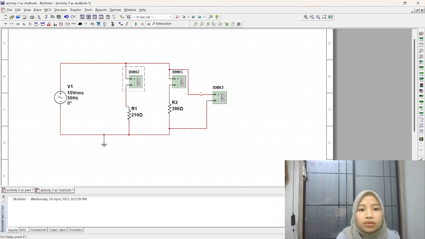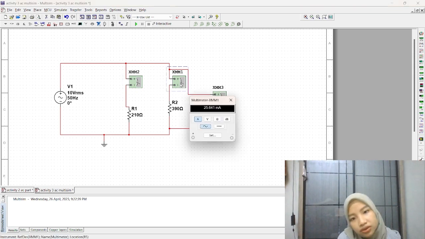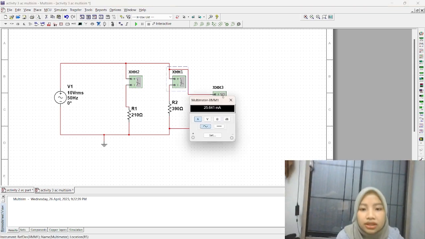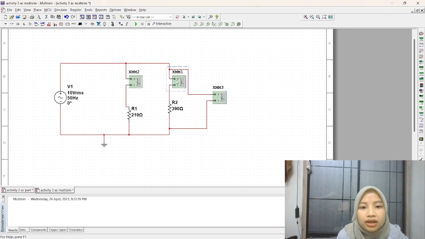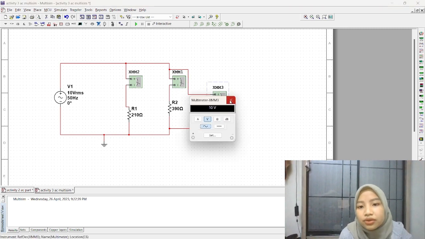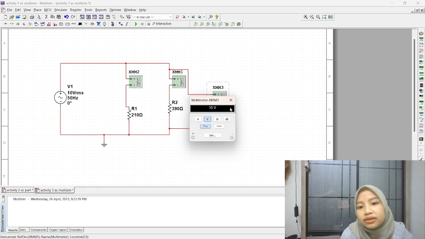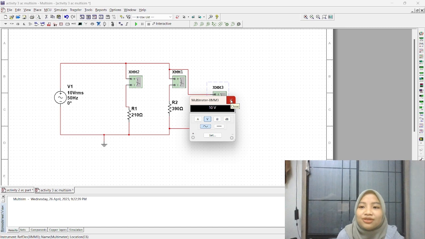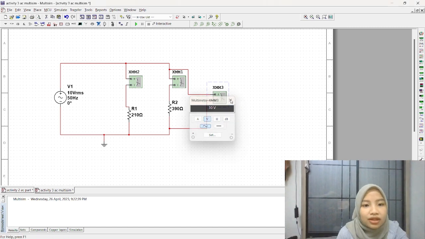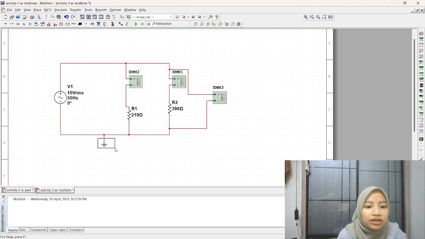For the next, we also use the same ammeter, and for the voltage value we use the voltmeter. Okay, don't forget your ground.